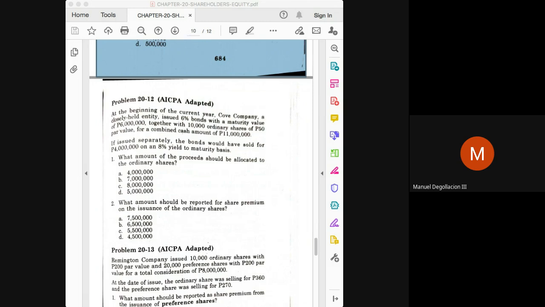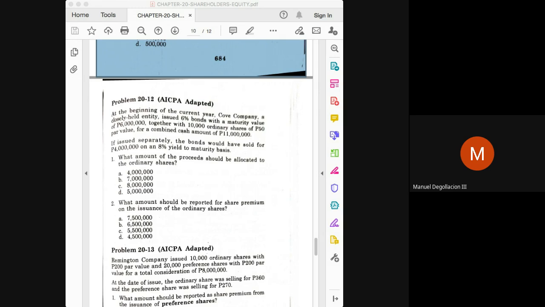Whatever is left after allocating the entire fair value of the debt component, that excess would simply be the amount that will be given to the equity instrument, no matter how small. You give 100% of the fair value of the debt component, and whatever is left would be allocated to the equity instrument.